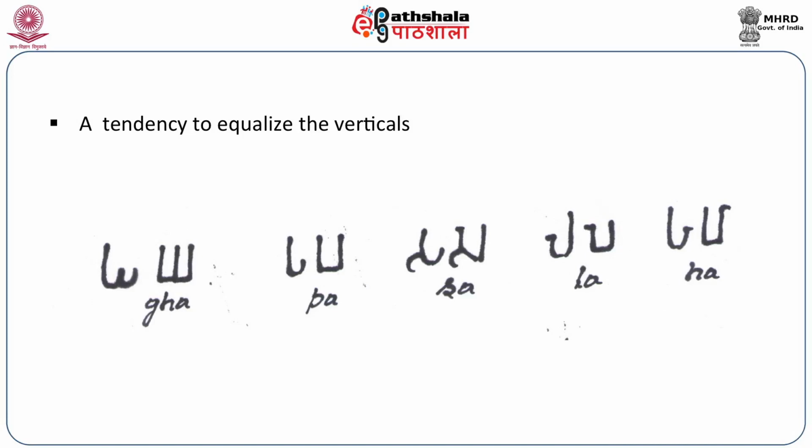And similarly La, Ra, Sa is of cursive type and it becomes angularized with a head mark slightly seen above the limb. And La and Ha, these are cursive, and subsequently they become angularized. This is one important aspect.